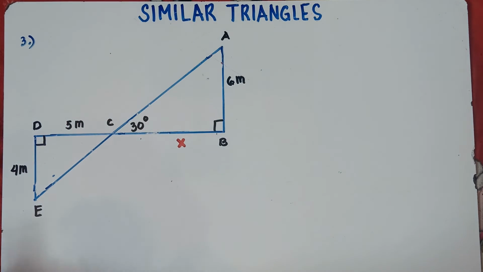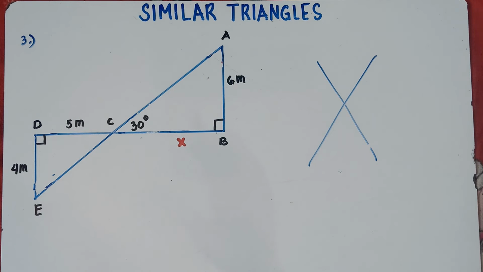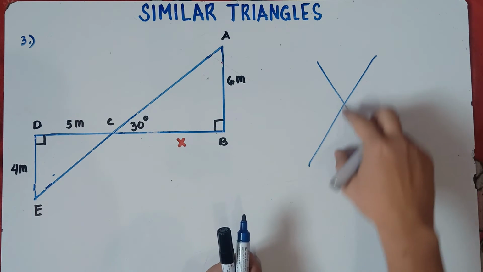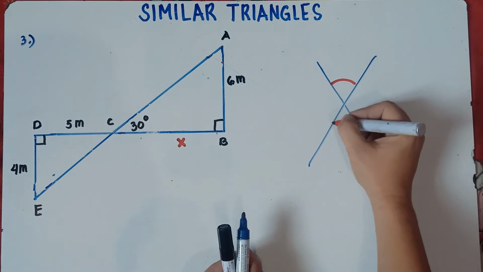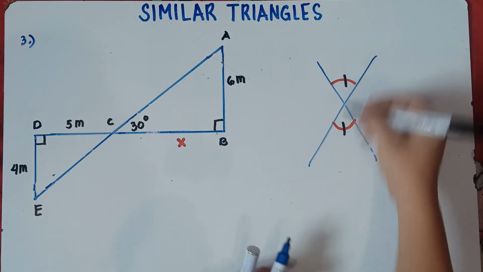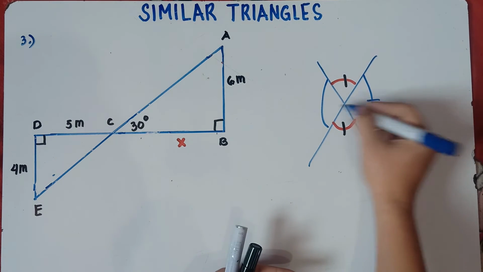Why is that, sir? Remember, class, vertical angles. If you have 2 intersecting lines, they form vertical angles. And vertical angles are congruent. This will be the vertical angles, and they are congruent. So this angle right here is congruent to this angle, and this angle will be congruent to this angle.